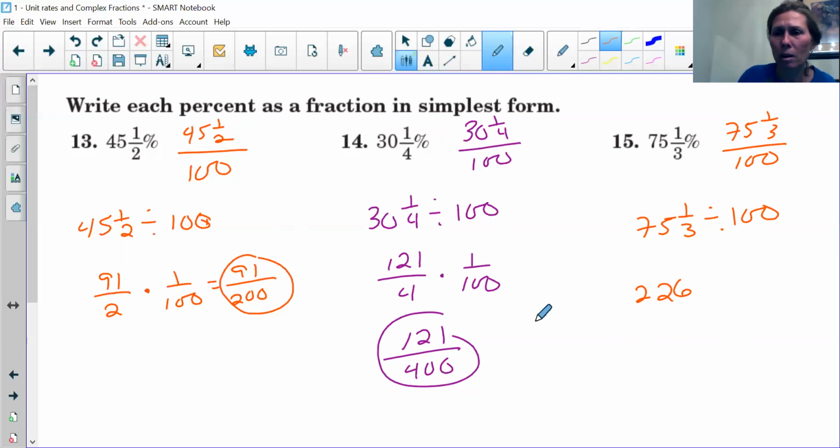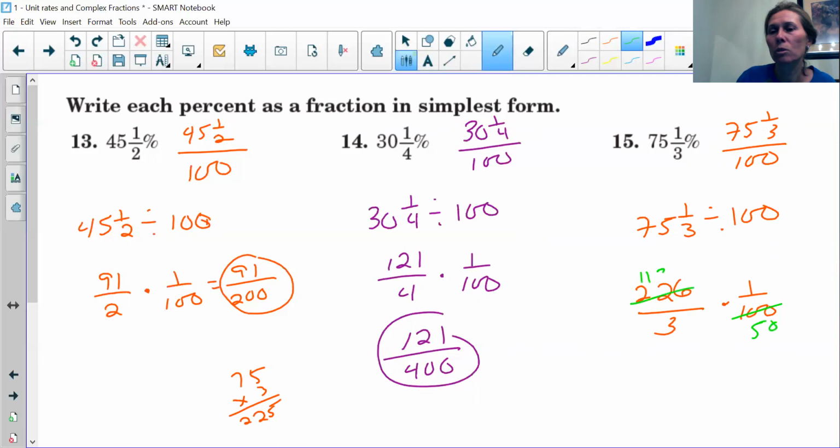So we're going to do it over here. 75 times 3 is 225, plus the 1, right, 226 over 3 times 1 over 100. You can cross simplify, and that's going to give me 113 over 150, and that's it.